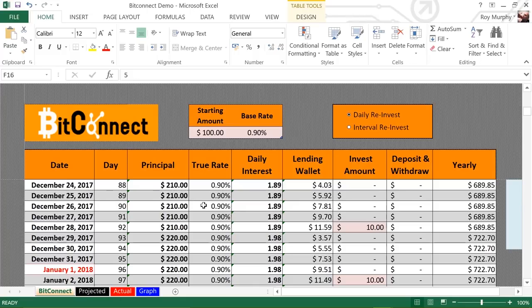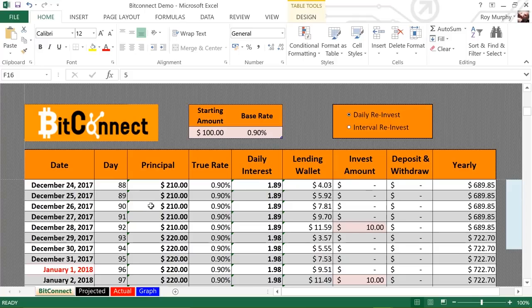So with $100 and daily reinvesting, your rate is 0.9%, and your true rate is also 0.9% because it's below the $1,010 jump where you get the additional bonus 0.1%. Your daily interest is an aggregate based on the true rate.